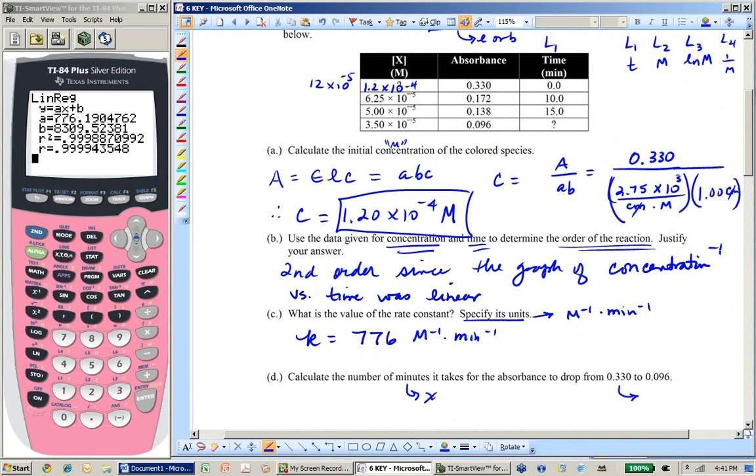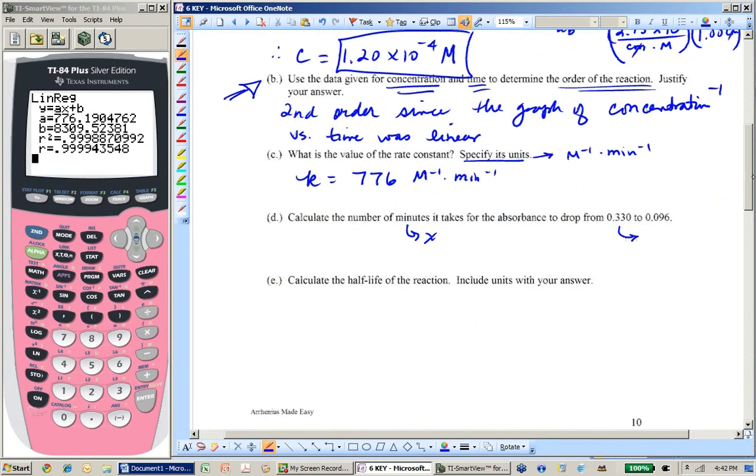Remember, back up here, I was told to use concentration units. So really, they're trying to get me to give them the time when that happens and subtract, right, from 0.33. Oh, that's way all the way up here. So essentially all they're asking me for is to fill in that last question mark.